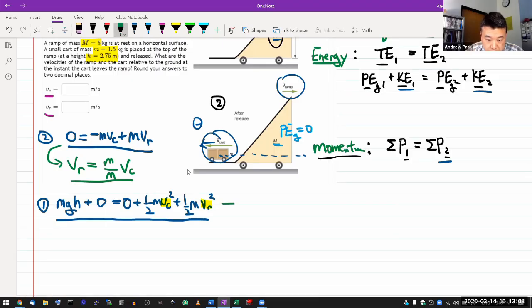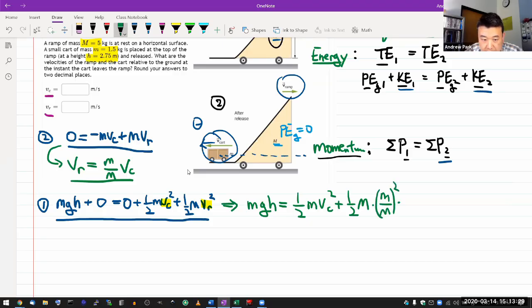That'll get me to this place here. mgh is equal to 1/2 mvc squared plus 1/2 capital M times VR squared, which is going to be that thing squared. So small m over big M squared times VC squared. Oh, wow, I think it's relatively easy because I only have a VC squared term. I can solve for VC and then take the square root.